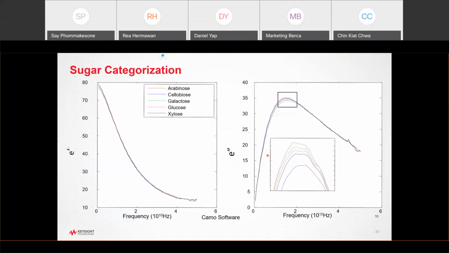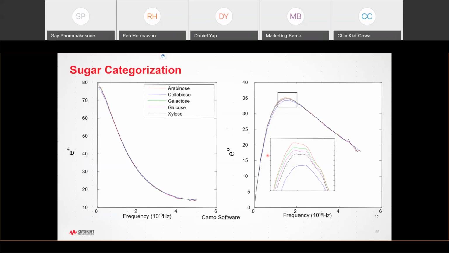Another study was done by the University of Washington, in process and process control and analysis. In this case, we have 2 different test setups. One is 10% sugar and 90% water.